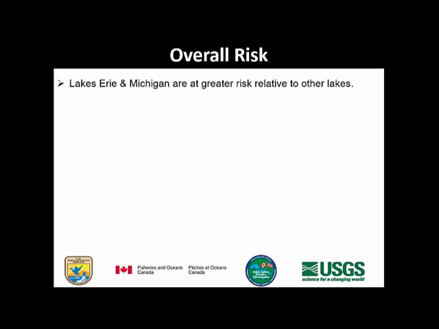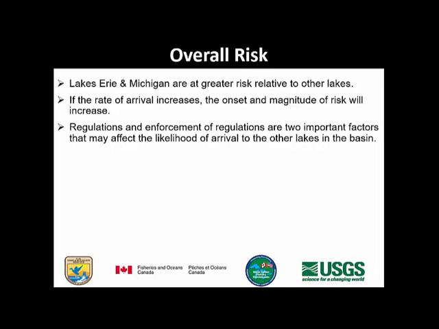Summing it all up, Lakes Erie and Michigan are at greater risk relative to the other lakes for grass carp invasion. If the rate of arrival increases for some reason, the onset and magnitude of risk will increase. Regulations and enforcement of regulations are two really important factors that may affect the likelihood of arrival to the other lakes in the basin.